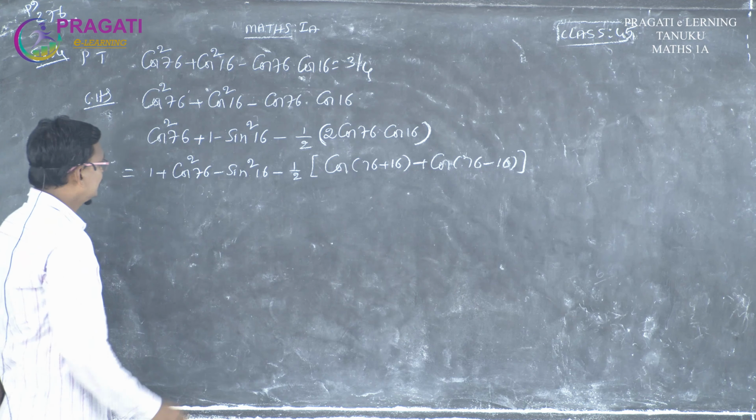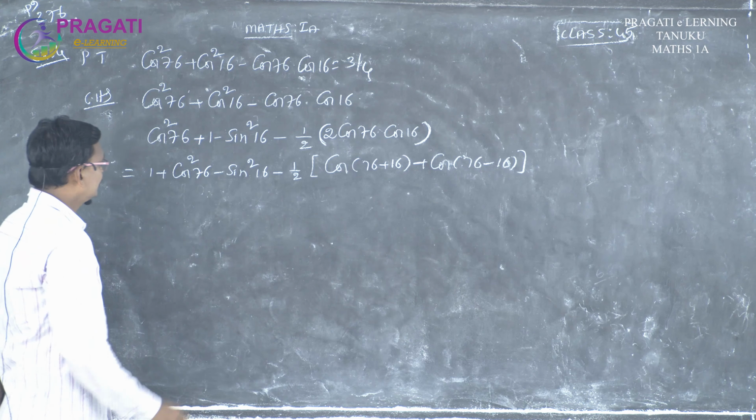That means 4 sin 5θ/2 · cos 3θ/2 · cos 3θ. This is a product in between. Product means a constant 2 is required. Here 4 is there, so we can write 2 into 2.